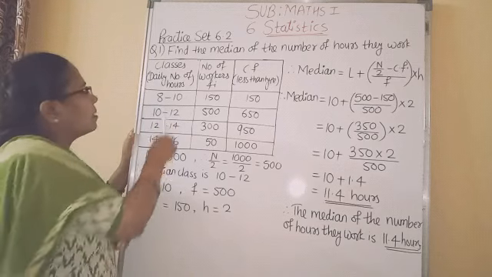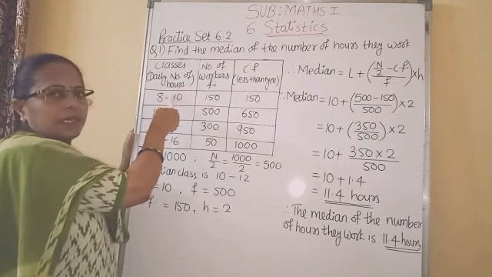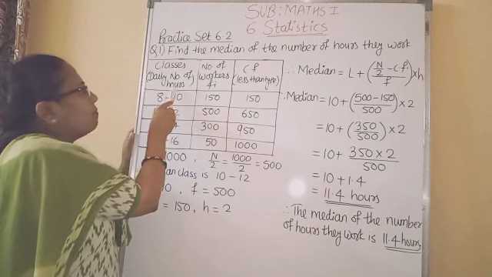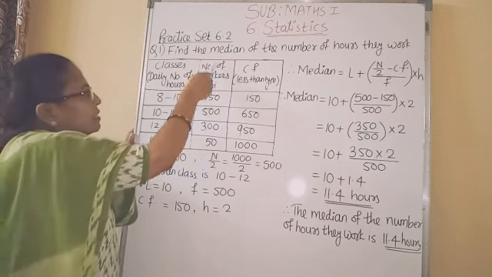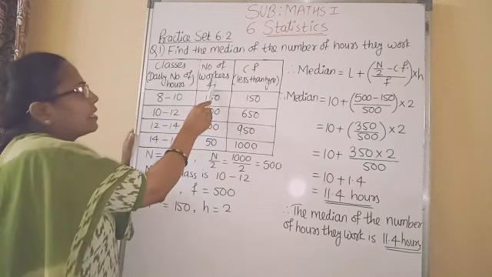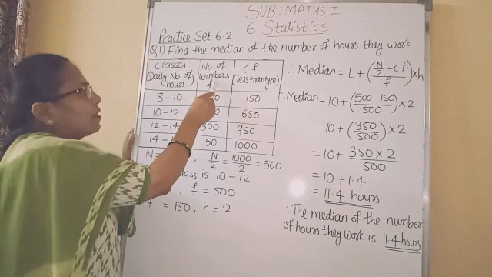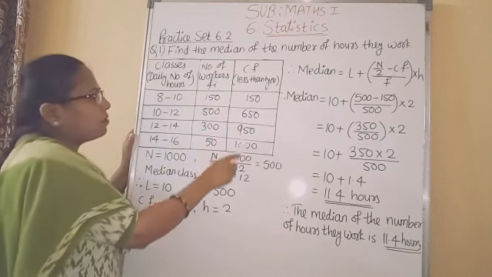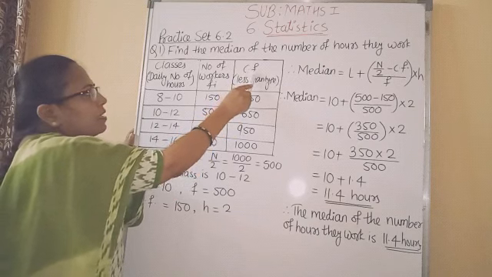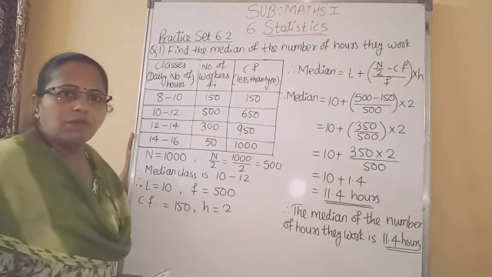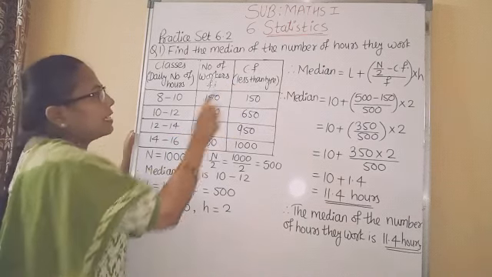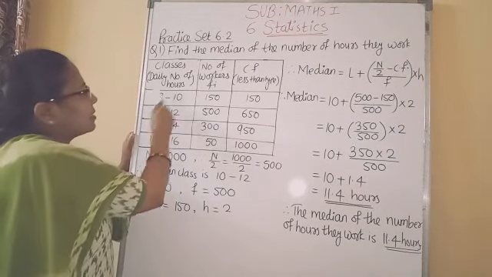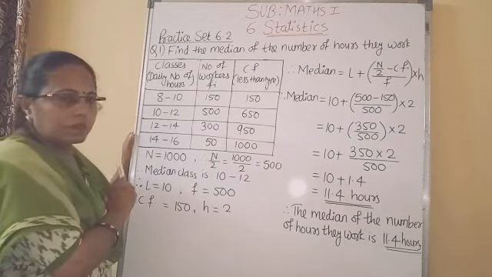In the first column, classes, which are given in the question; here the classes are daily number of hours. Second column, frequency, that is number of workers, denoted as fi. And third column, CF, cumulative frequency, of less than type. These classes and frequencies are given in the question.